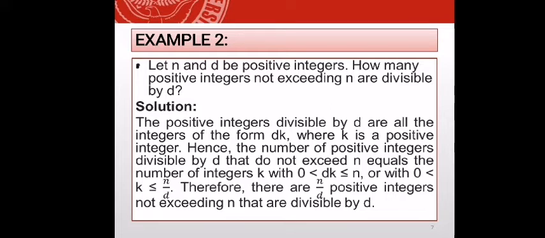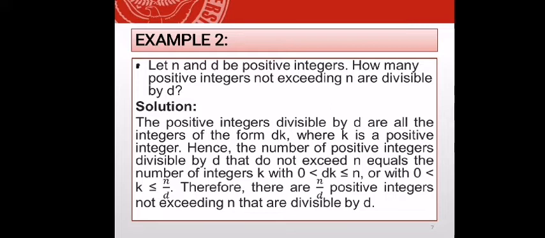So example 2. Let n and d be positive integers. How many positive integers not exceeding n are divisible by d? Solution. The positive integers divisible by d are all the integers of the form dk, where k is a positive integer.